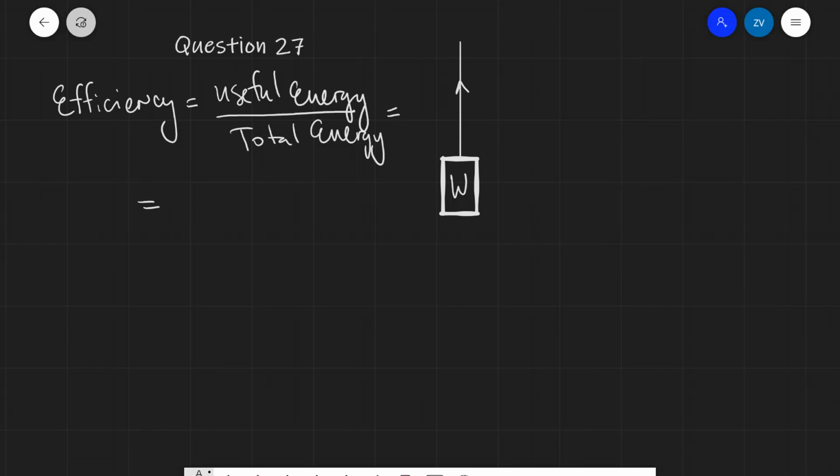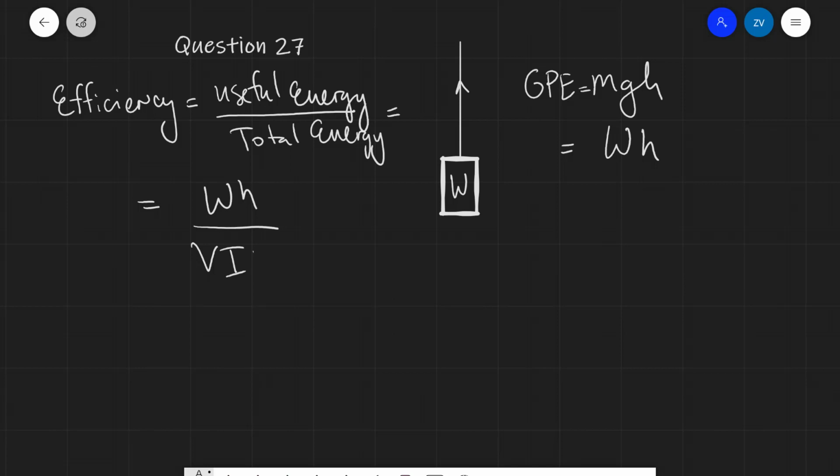Because the gravitational potential energy is mgh and W is mg, we could write down that our GPE is actually equal to W, the weight, times the height. And our total energy is just the electrical energy, which is VIT.